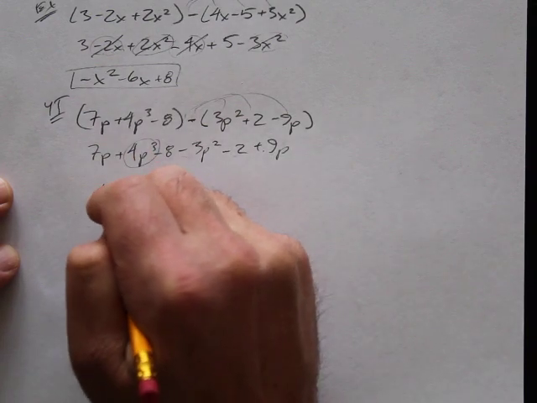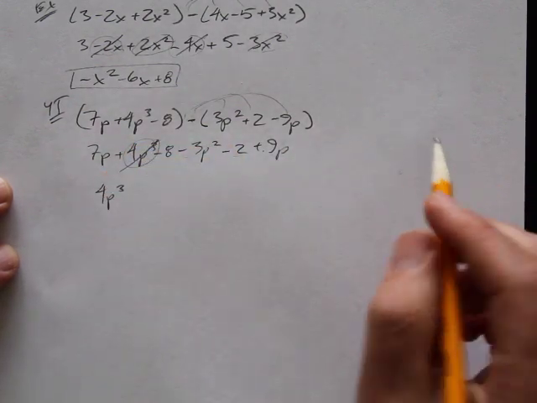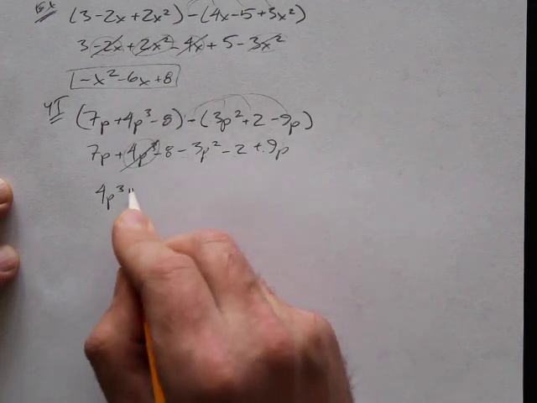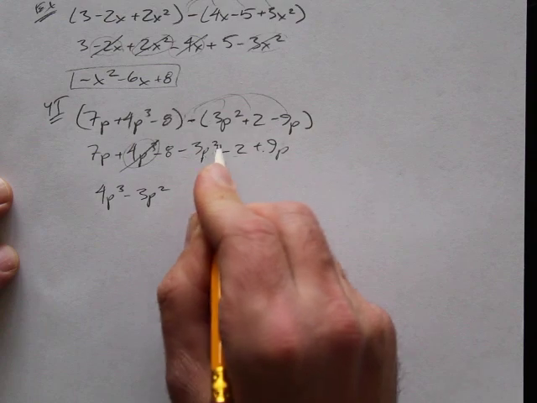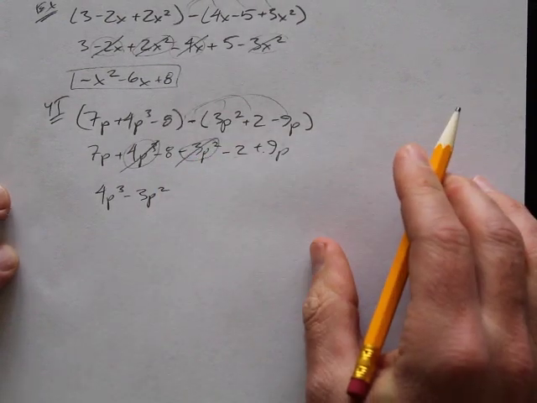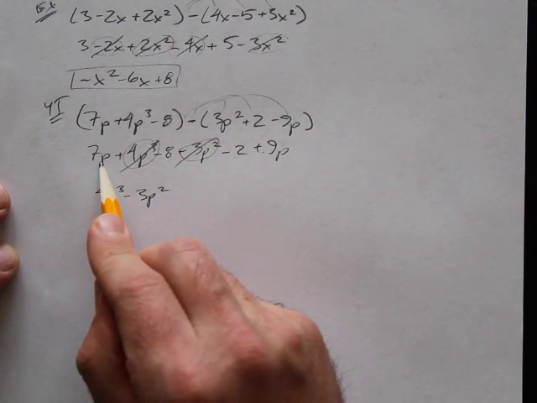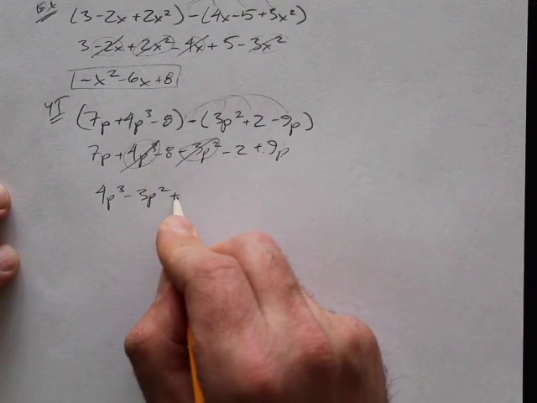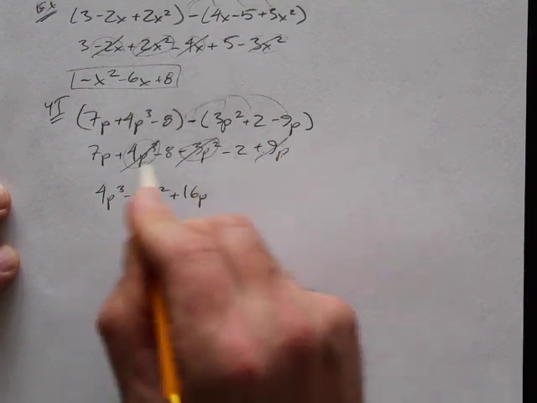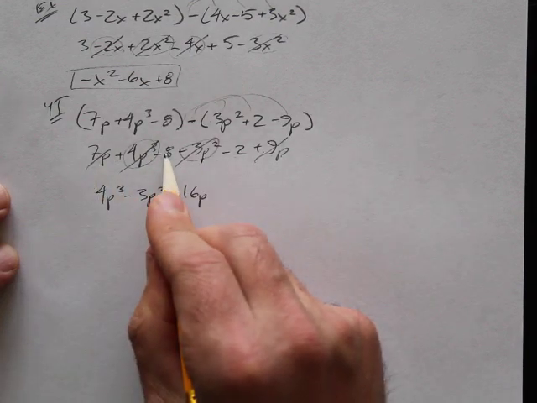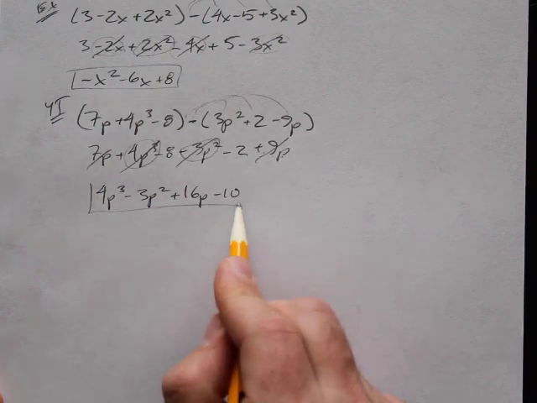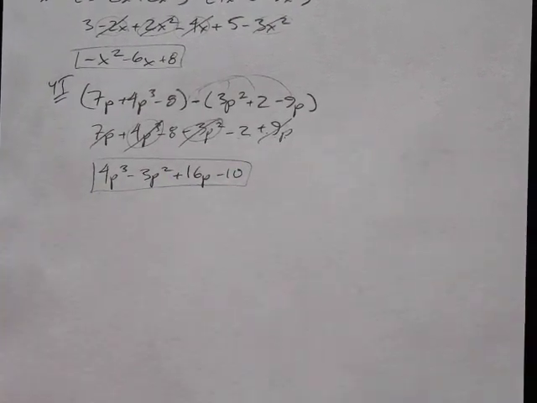So 4p cubed, that goes away. And now I'm going to look for p squared. Look, that's the only p squared I have. So minus 3p squared, that goes away. And now I've got a 7p and a 9p and don't see any other p's. So plus 16p, those go away. And then I've got negative 8 and negative 2, negative 10. And that is hopefully what you got for that one you tried.